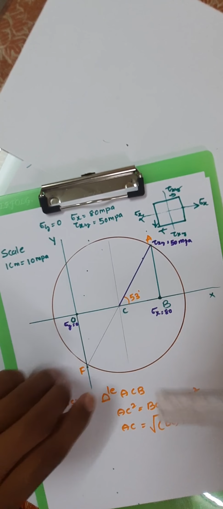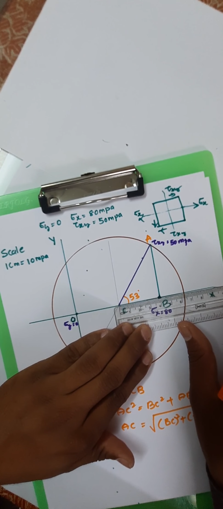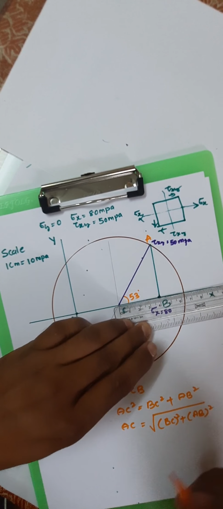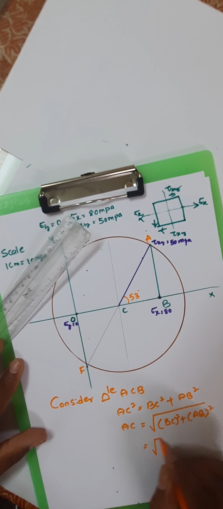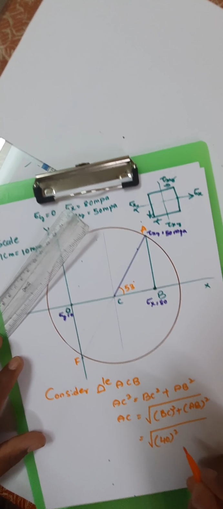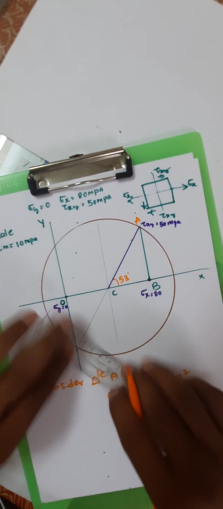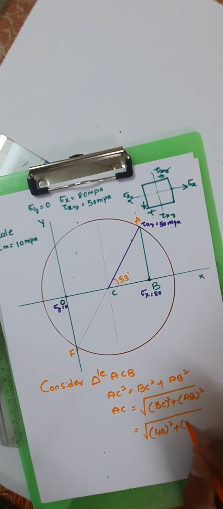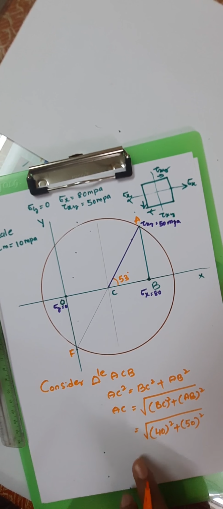With the help of a scale you can measure the distance of BC, which is 40 mm, exactly the distance between C and B. Substitute this value: square root of 40 square plus AB, which we know is 50 mm, 50 square.